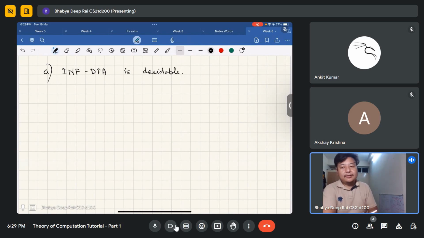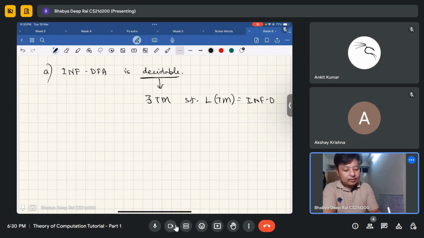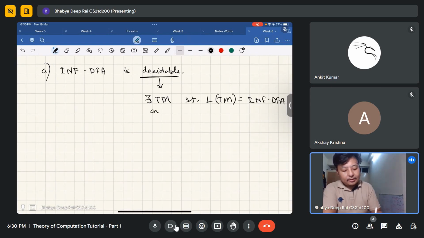What does it mean for a language to be decidable? There is a Turing machine computing the given problem, and the Turing machine always halts.